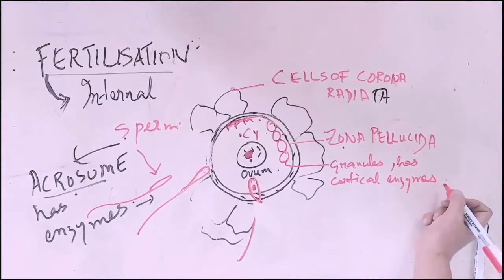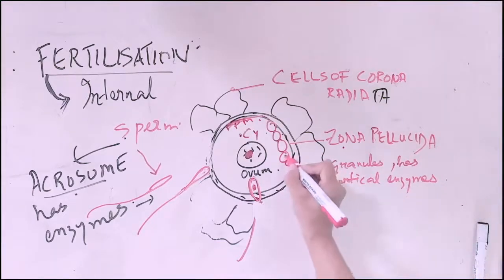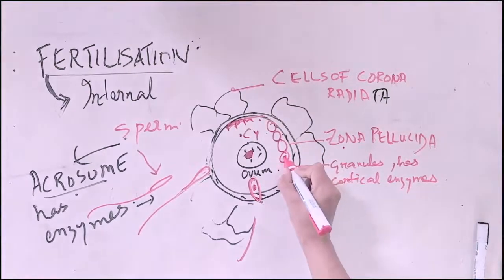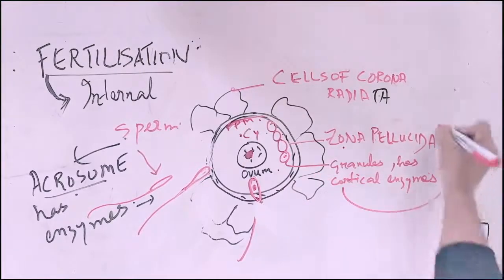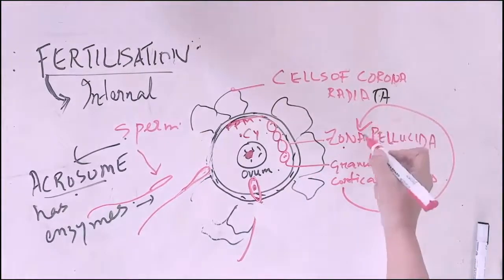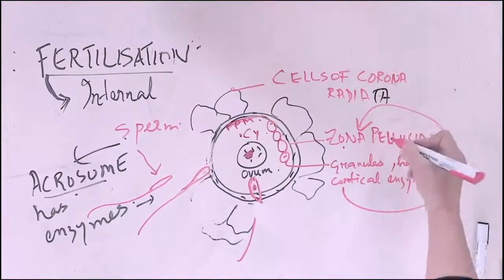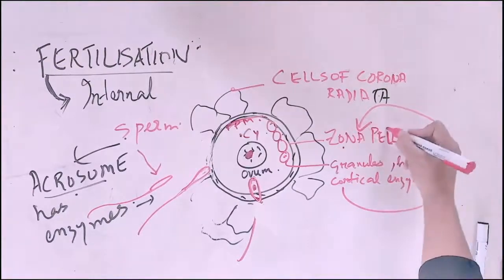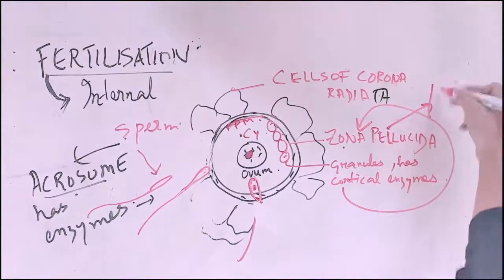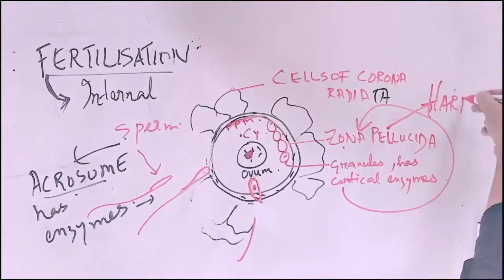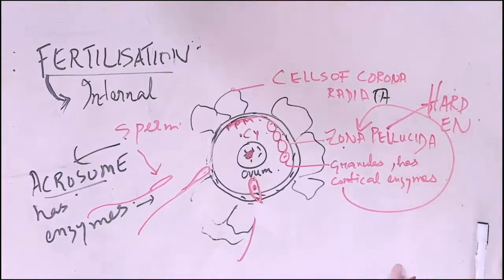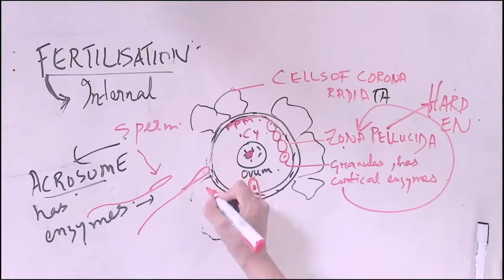What happens is that these cortical enzymes will fuse with the zona pellucida, and this one will become hard. It will become hardened. Why hardened?